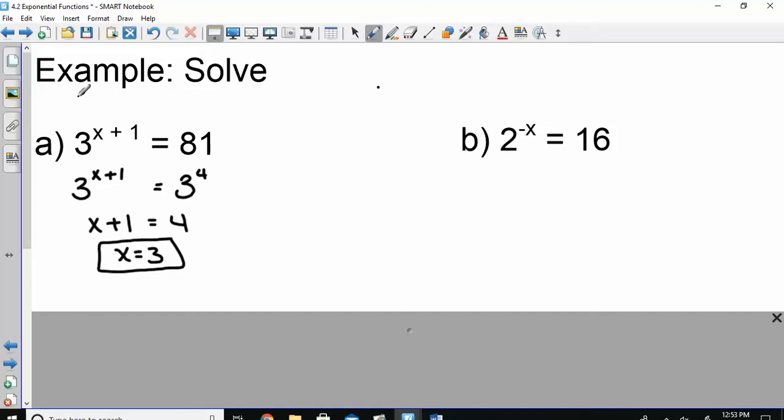These equations are easy to check. You just plug back in. I put that in. 3 plus 1 is 4, and 3 to the 4th equals 81. So it does work. Right. B. 2 to the negative x equals 16.